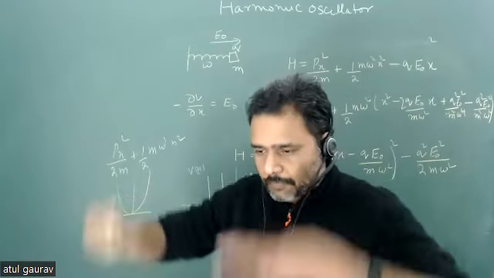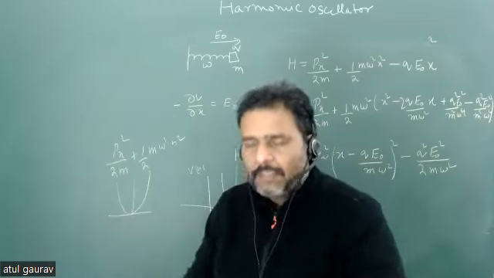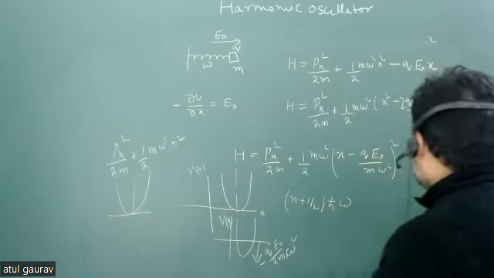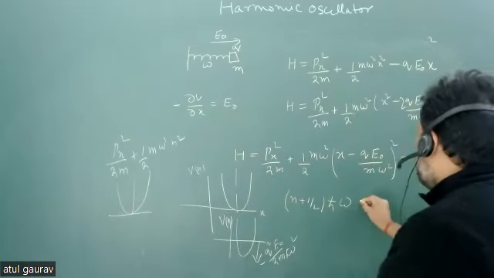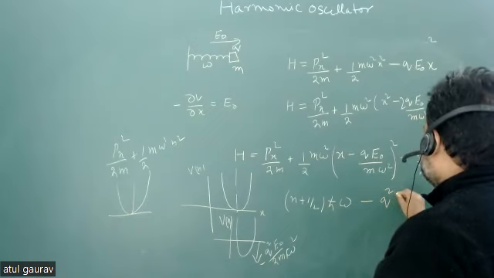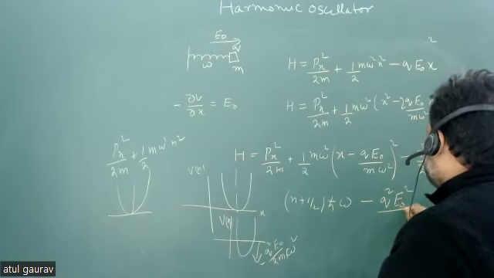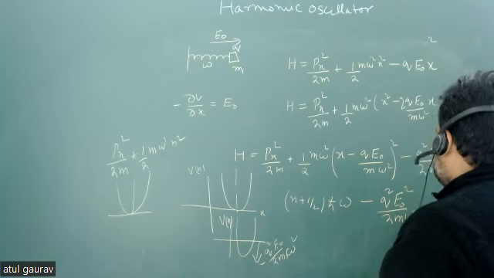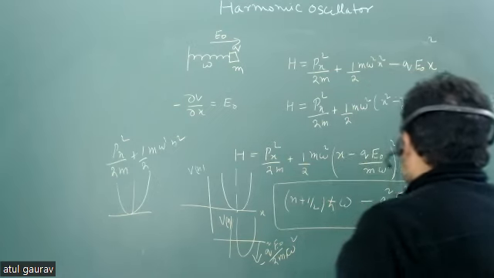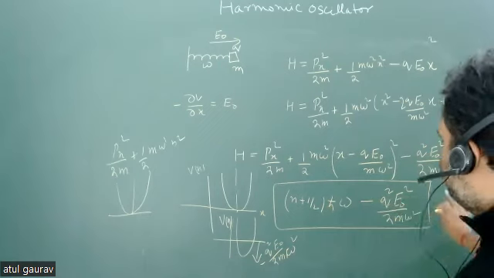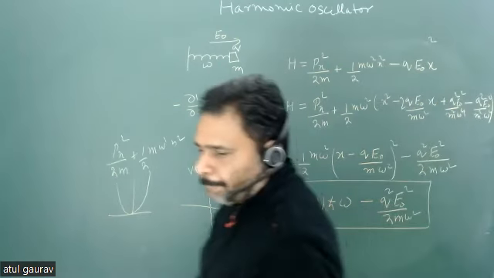Yes, vertical अगर आप चेंज कर रहे हो, reference frame ही चेंज कर रहे हो, then obviously that will change. This is constant part. So the answer is minus q square E naught square upon 2m omega square. This is your answer. Fundamentally correct.